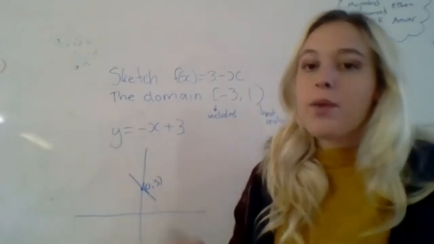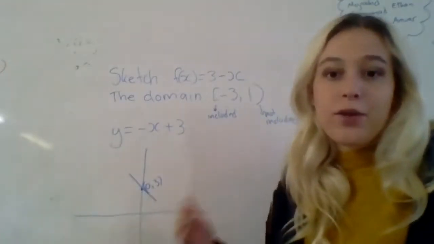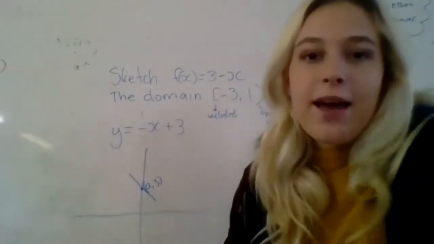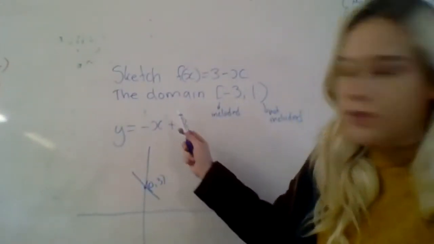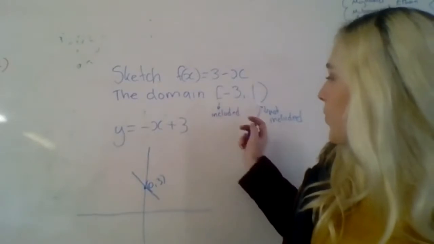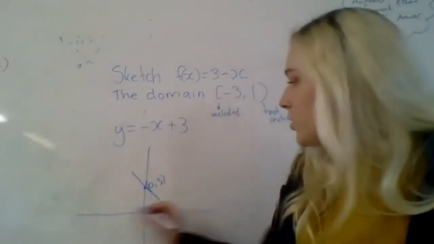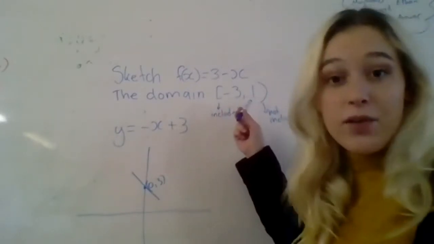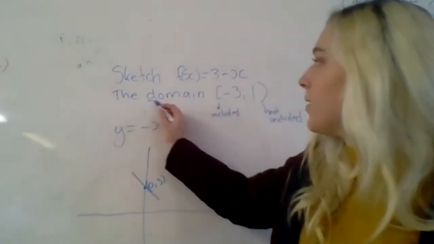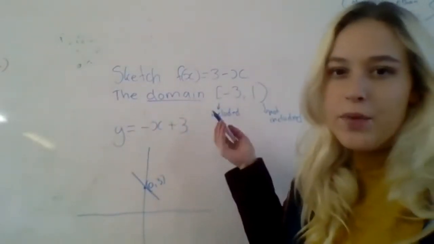Okay, but we can't just draw our straight line like we do normally because we have our new restriction between -3 and 1. And this is both x values because domain, remember, is our x values, because it's our input values.